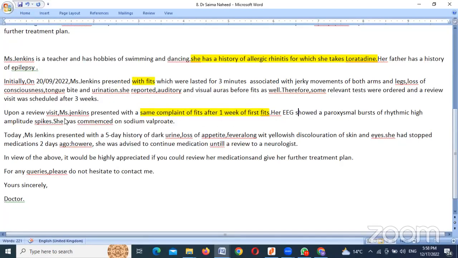Okay, sure, this and that. She was convinced on this. Today, she presented with a 5-day history of this and that. Okay, she says she stopped. Had stopped, or just stopped. Okay, use past simple. Okay, so however, she was advised to continue medication till a review.